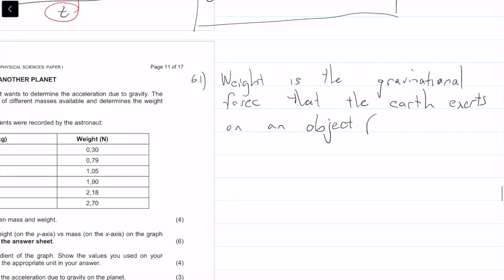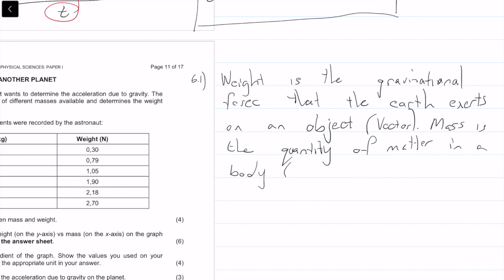Okay, and we know that weight is a vector as well, whereas mass is the quantity of matter in a body.